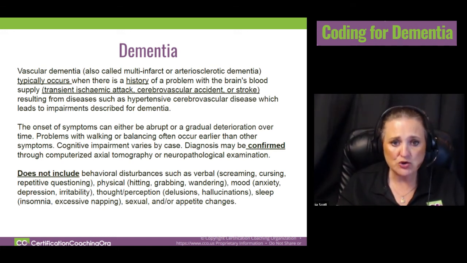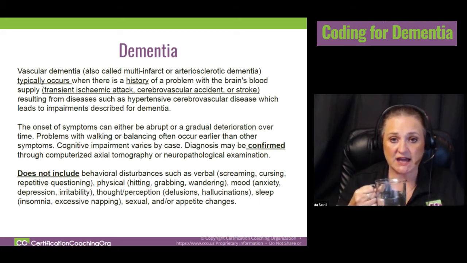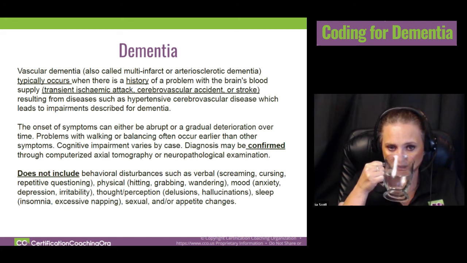Now, note that you can confirm those cases of vascular dementia by a CT scan, or they can do a neuropathological exam, but most of the time they'll go and scan them, and they'll be able to see the atrophy of the brain or the damage of the vascular system to the brain.